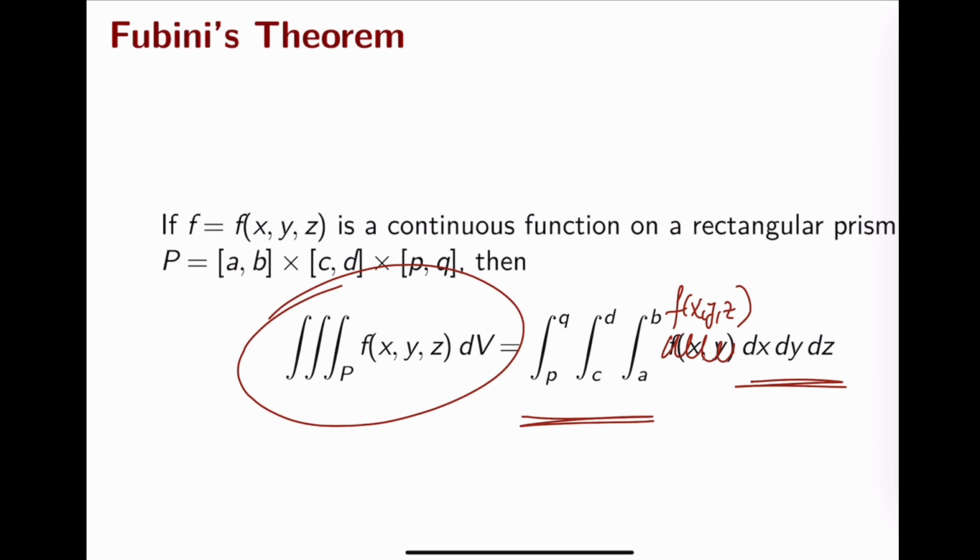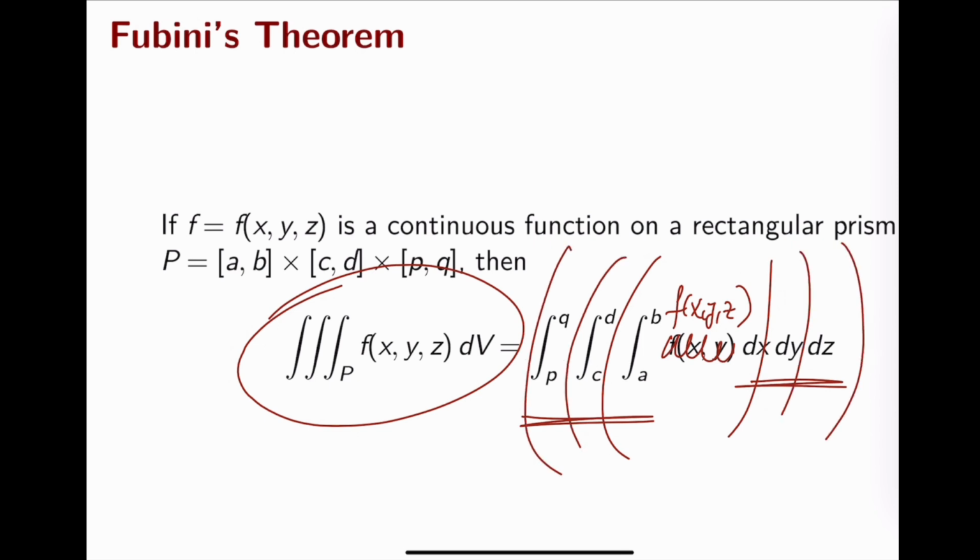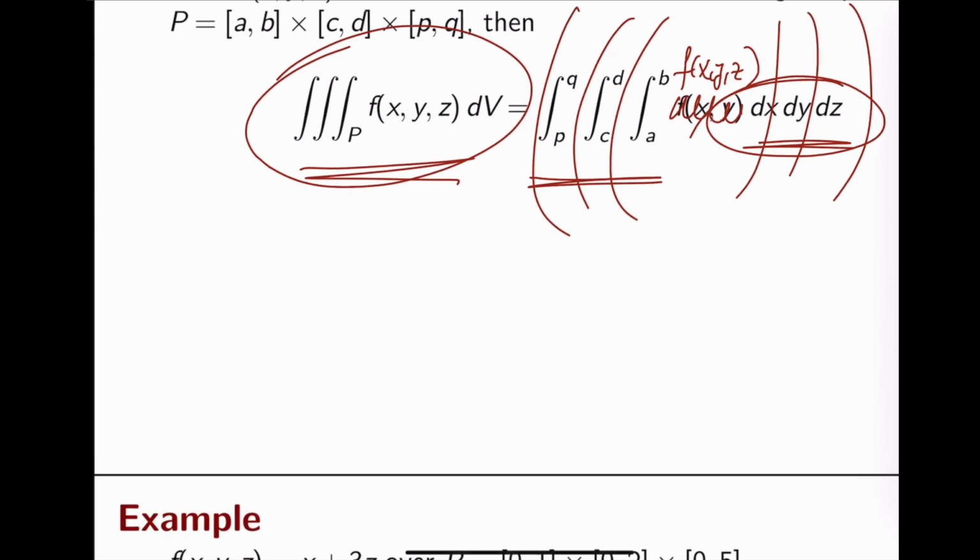So we can integrate first with respect to x, and then with respect to y, and then only at the end, we do the z. But what Fubini says is that this integral is the same when varying this sequence in any other order. So we can do dy dx dz, or dz dx dy. All the possible permutations of the variables will give the same triple integral.